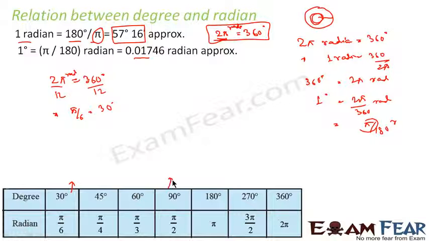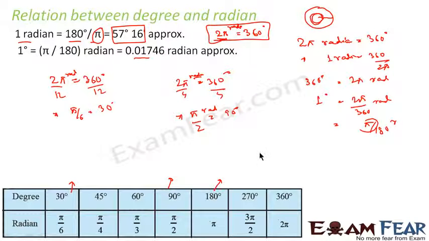Let's suppose we want to find 90 degree. Again we use the same formula, 2 pi is equal to 360 degree. We divide by 4 on both sides, so you get pi by 2 radian is equal to 90 degree. Please note, this is very crucial. You can't just say pi by 2; radian and degree is crucial, else the formula doesn't hold true.